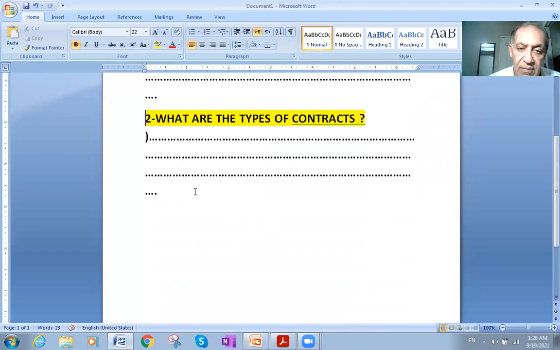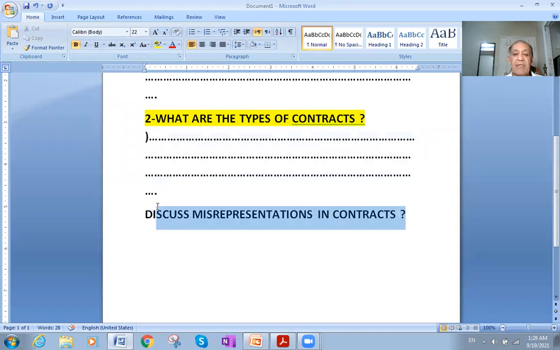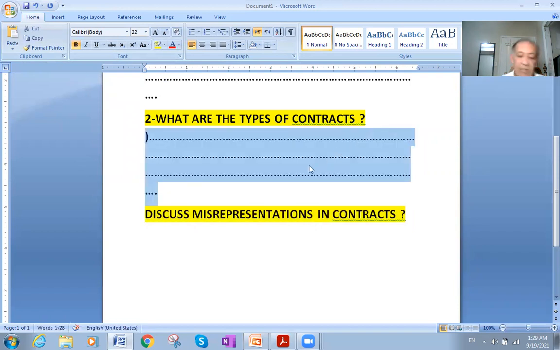Question 3: Discuss misrepresentation, or misrepresentations, because we have more than one type, in contracts.